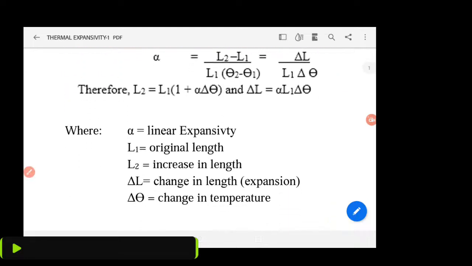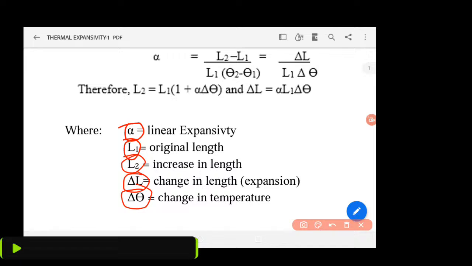Okay, we can as well look at their values here. Alpha represents linear expansivity. L1 is the original length before the application of heat. L2 is the new length after the application of heat, while delta L is the increase in length, or you call it expansion or change in length, and delta theta is change in temperature, as the case may be.